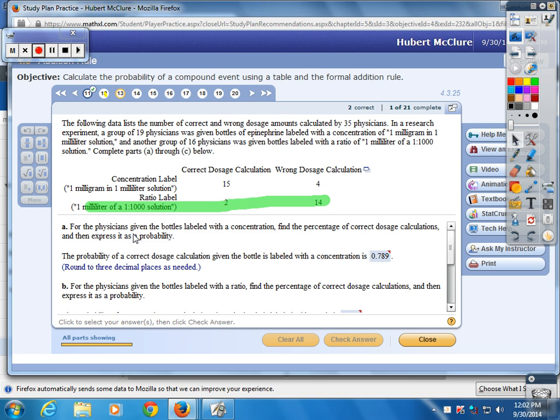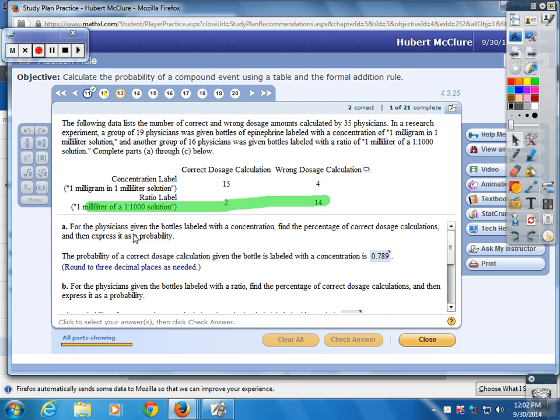All right. For the physicians, given the bottles labeled with concentration. These right here. That's 19. Find the percentage that gave the what? The correct dosage. How many out of 19 gave the correct dosage? 15.